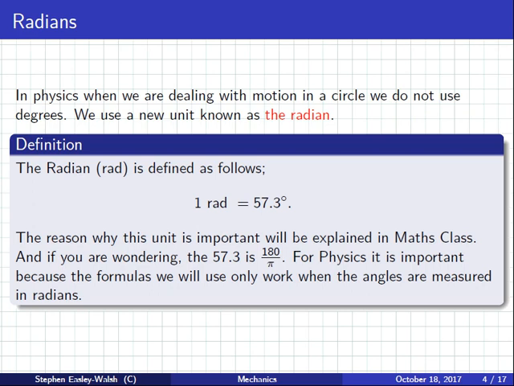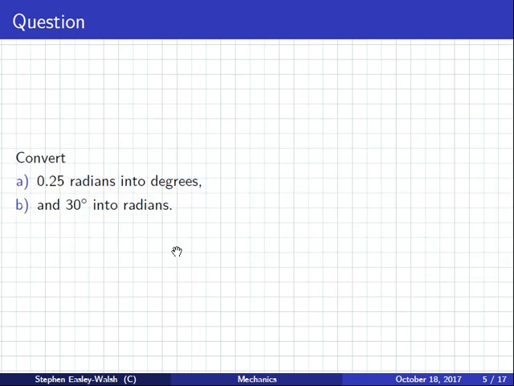It is true. You can Google it later if you like. 1 radian is about 57.3 degrees. Let's have a look at 2 examples.